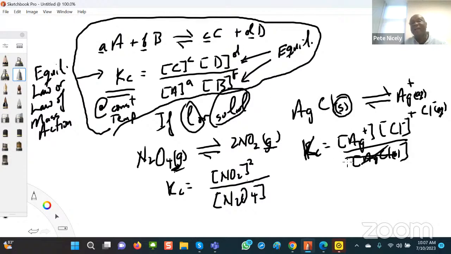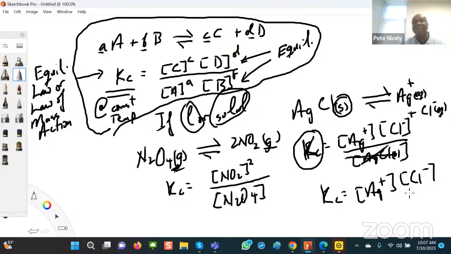So that value, whatever it is, would basically be a part of the Kc expression right here. So when it comes to this particular system, we simply write down that Kc is equal to the concentration of Ag plus times the concentration of Cl minus, and that's it. That's how you deal with solids and liquids.